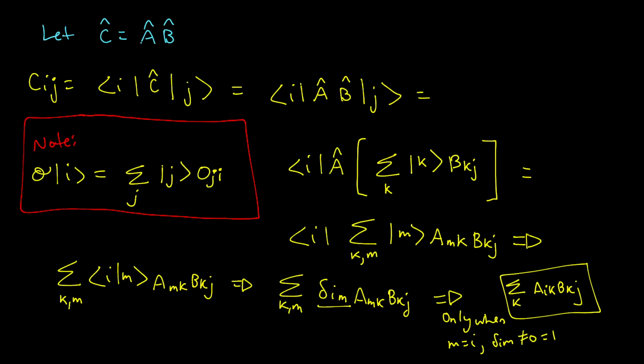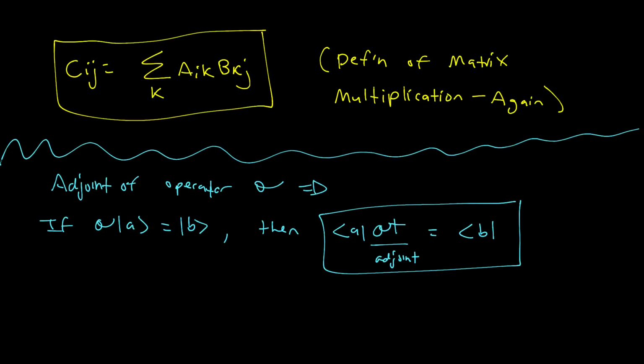Notice how when you sum over all m, everything else goes to 0 except the ith component, which will give you the sum over all k of A_ik times B_kj. That means C_ij has to equal the sum over all k of A_ik B_kj. And notice that this is the same definition of matrix multiplication. So the matrix representation of the operator C is just the matrix representation of operator A times the matrix representation of operator B.